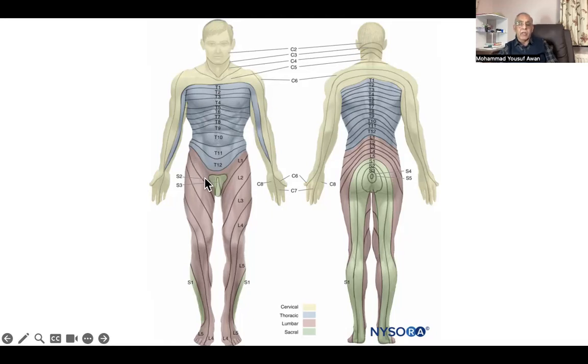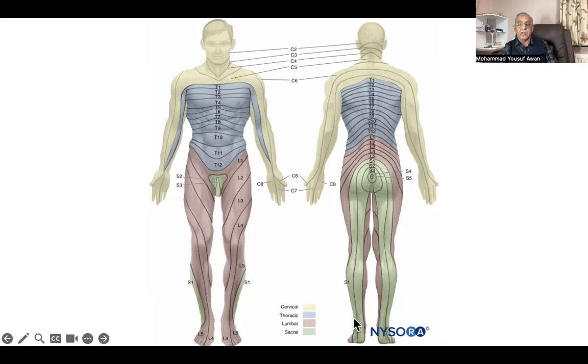So the inguinal region is L1, and then the anterior thigh is L2 and L3, and then the medial part of the leg is L4, and the lateral part of the leg is L5. This is distributed on this side too. So L2, L3, and L4 go down to the medial side of the lower leg, L5 is the lateral side of the leg, and S1 is from the back.